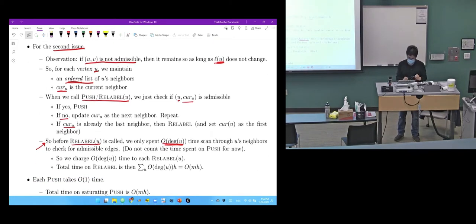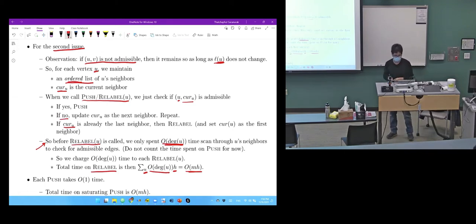If you charge the cost in this way, the total time of relabel is the sum over all nodes, each time spending degree of u, and for each node there can be at most h relabels. So the total time for relabel is mh.